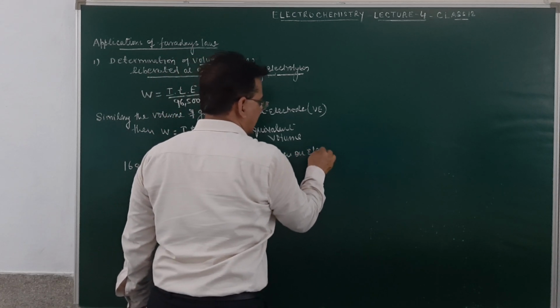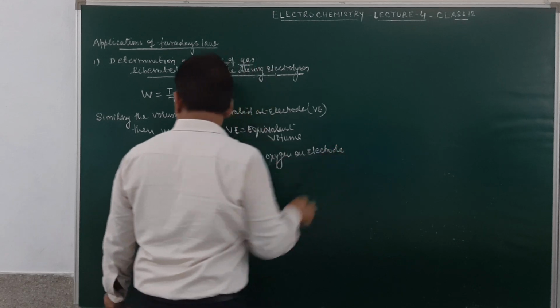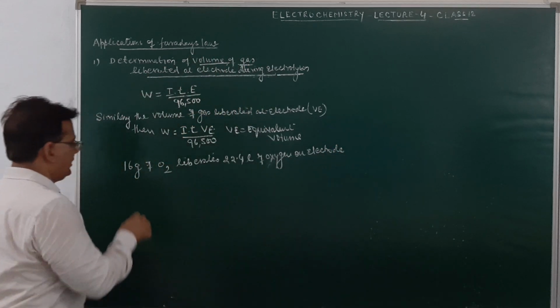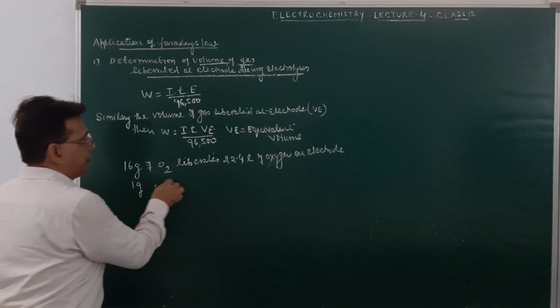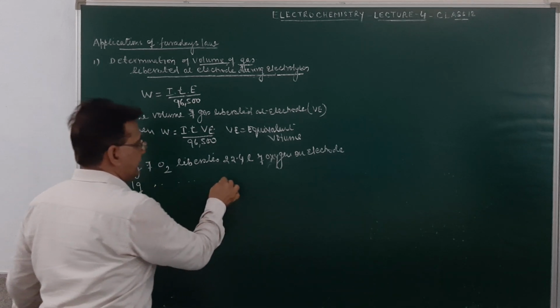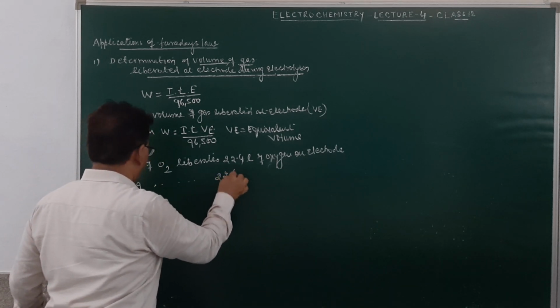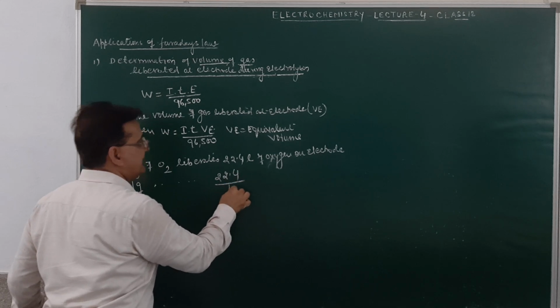We are trying to find out the equivalent volume. If the mass of oxygen taken is 1 gram, it will liberate 22.4 divided by 16 liter.